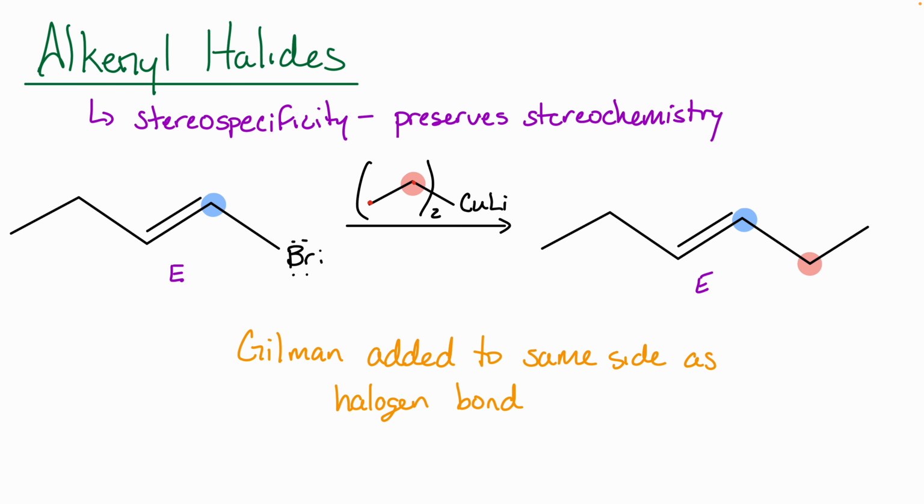So if we have an alkenyl halide, we could have a stereospecific reagent here, and our Gilman reactions will preserve that stereochemistry. Cool. All right, that's pretty much it. Let's practice 2 more of these, and then we'll be done.